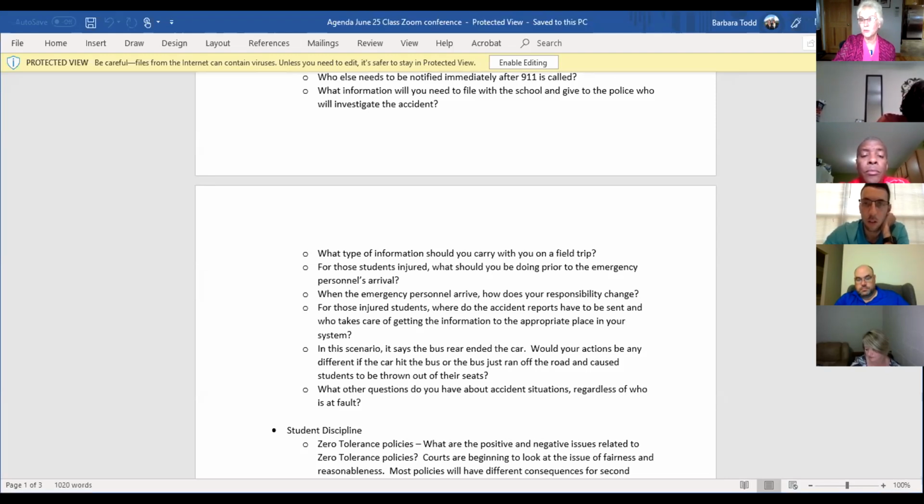And then when the bills start coming in, you need to make sure that the parents know to bring those bills to the school system at your school, and then you would pass them on. And it may be different in different counties too. They may have someone else who does it other than the transportation secretary. But a lot of times it'll be the transportation secretary because they will have the information.